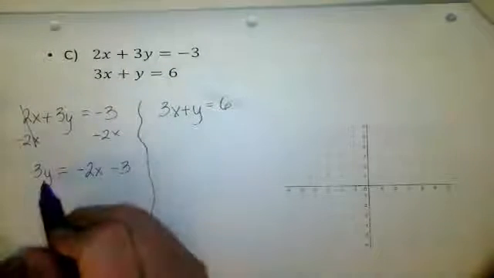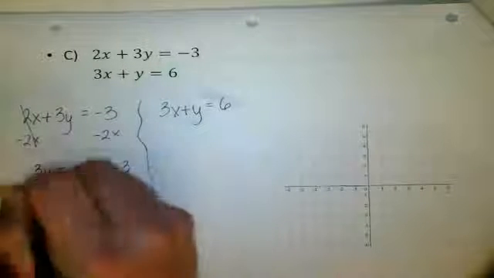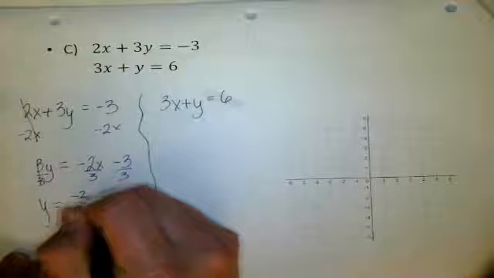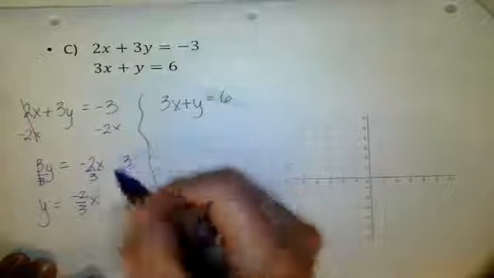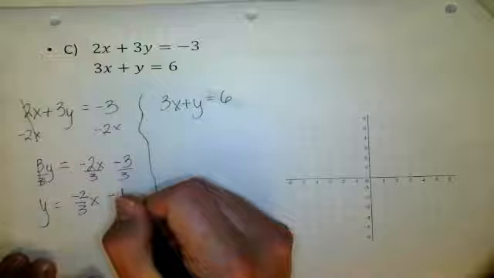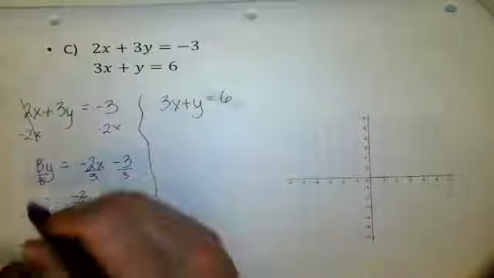And then how do we get y by itself? Divide everything by 3. So we get y equals negative 2/3 x. And what's negative 3 divided by 3? Negative 1. Oh, good.